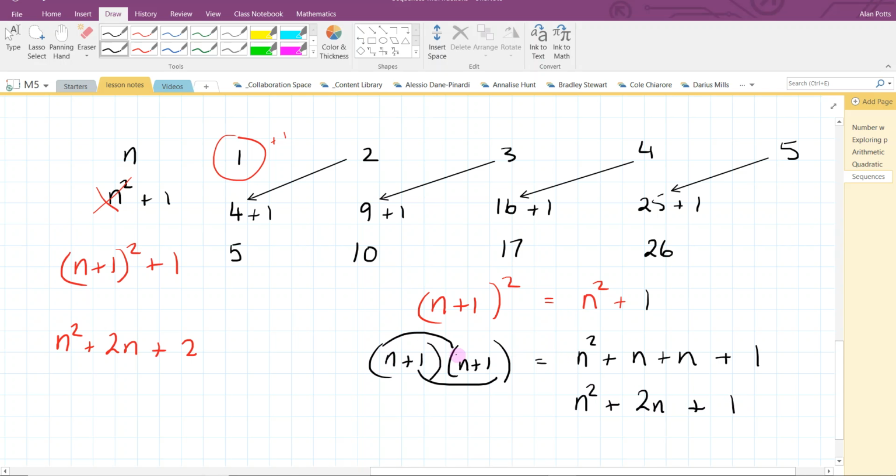So the n squared, then the 1 times the n is n, then the n times the 1 is another n, and then the 1 times the 1 gives me the plus 1. That is n squared plus 2n plus 1, and then I add the 1, which gives me n squared plus 2n plus 2. So you can see they're both exactly the same thing.